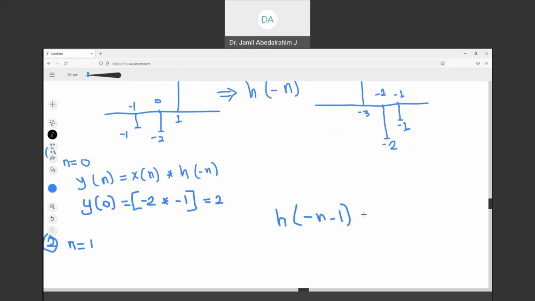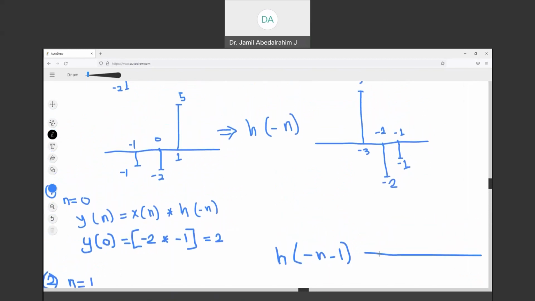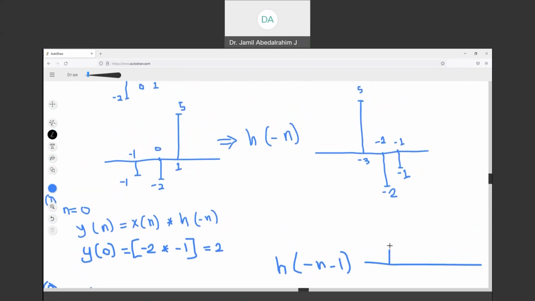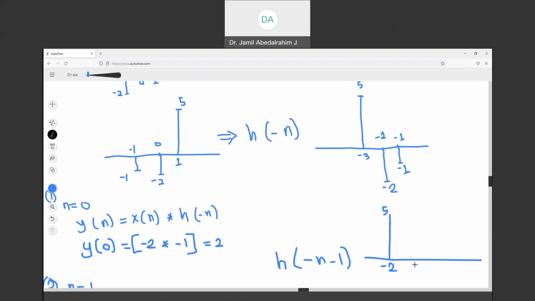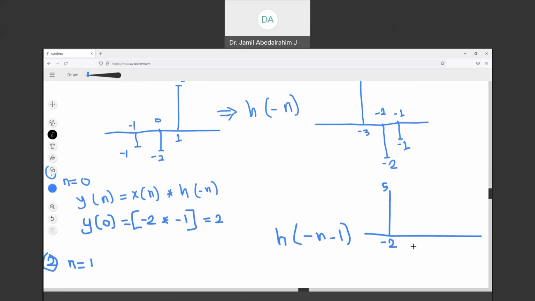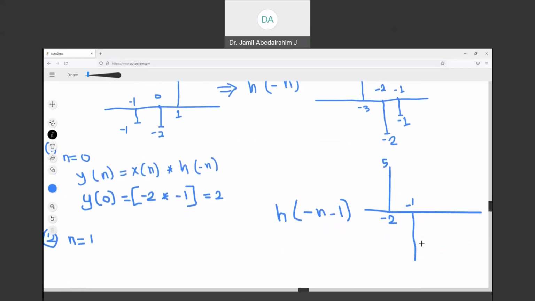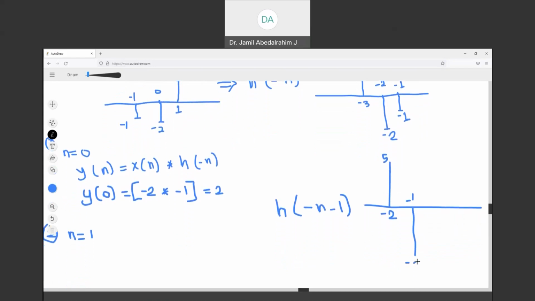It will be, the first pulse will move to the right side by 1. So the 5 value becomes at negative 2. Then this negative 2 becomes negative 1, the value minus 2.